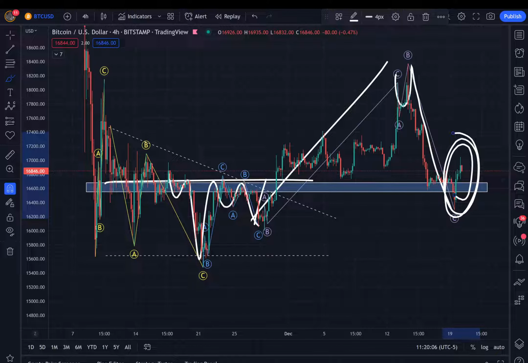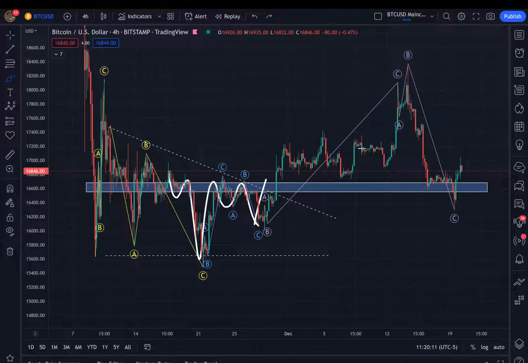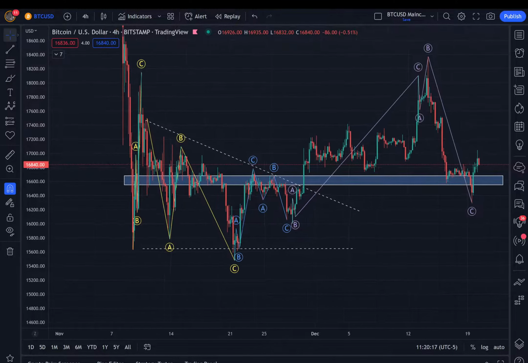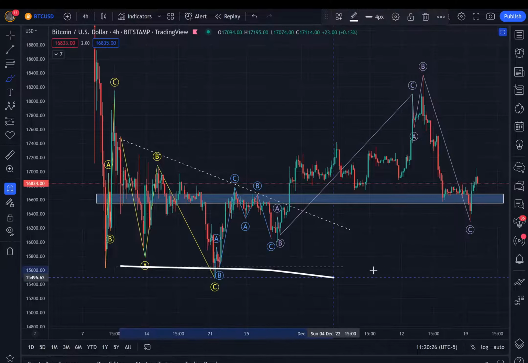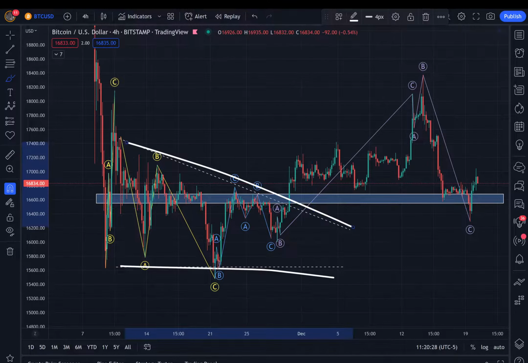Now, it's not just Bitcoin we can look at, right? The good thing about crypto is we can look at different assets and corroborate our analysis. Maybe it looks like this in Bitcoin, but it'll look a little different in another asset, okay? And another point of support and resistance, right? Don't forget about this descending triangle.